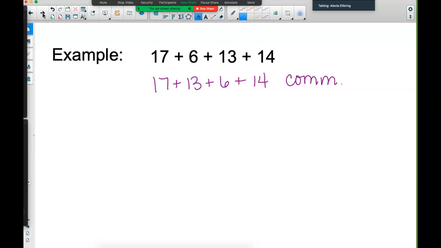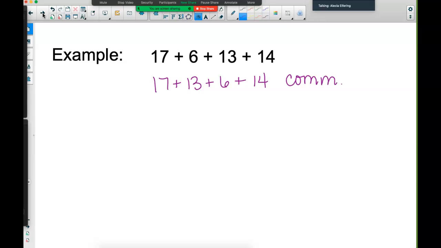You can switch the order. Riley, why did you like that order better? Why is it easier? It's kind of hard to explain. A 10, right? They all would end in 0 then.